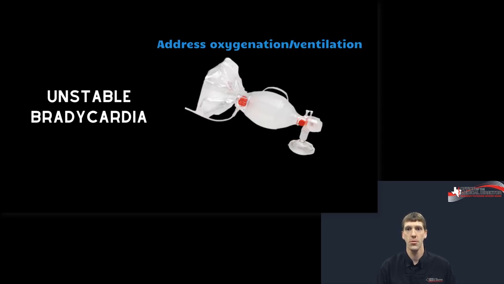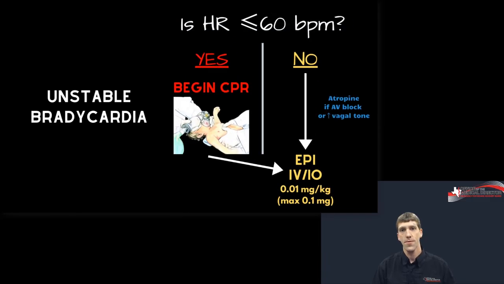Your number 1, 2, and 3 causes for an unstable bradycardia are going to be oxygenation and ventilation. So this is probably the most important thing first, is that hypoxia is going to drive bradycardia first. So we need to correct that rapidly, and then we're going to assess if the heart rate's still low and correct that as we need to. Our question for an unstable bradycardia is going to be, is the heart rate less than or equal to 60 beats per minute?